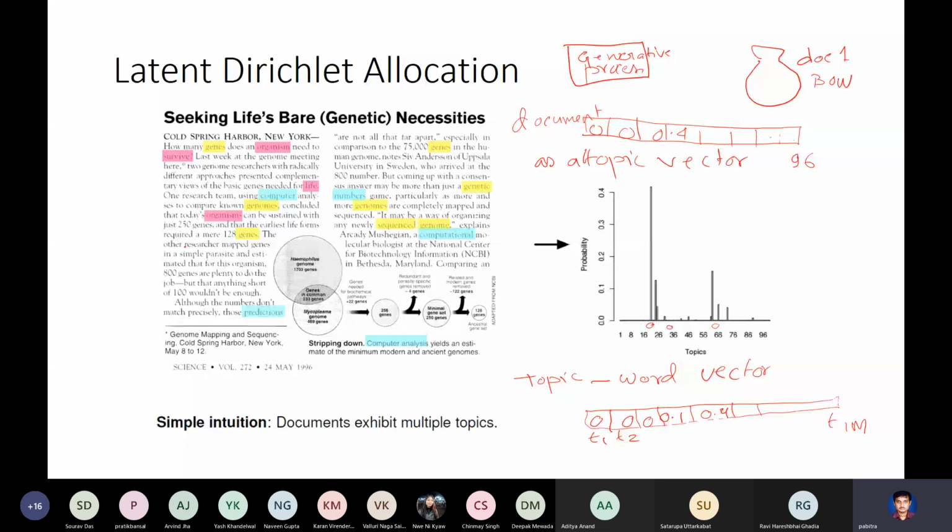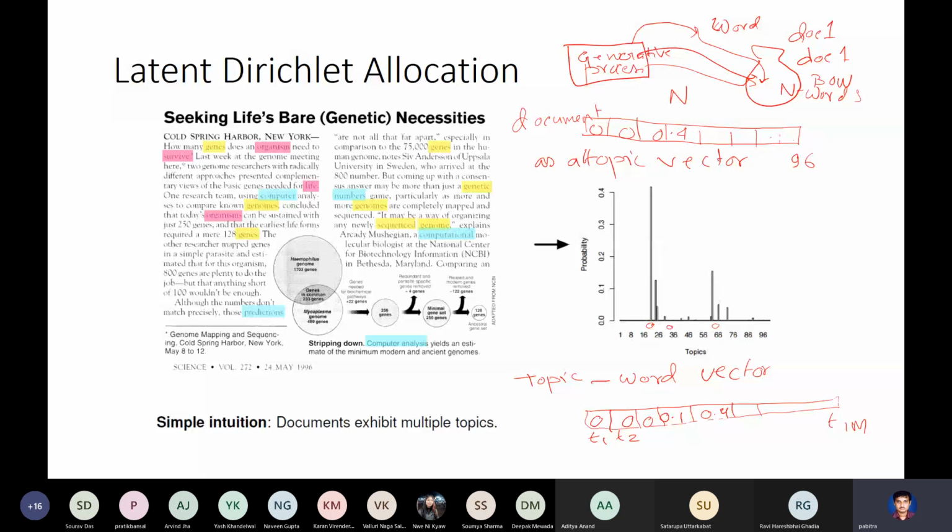There is some coin tossing and random number generation going on, and after this random number generation, it produces a word, and that word comes inside this bag. This process is repeated n times, so you have a collection of n words, and that's a document.